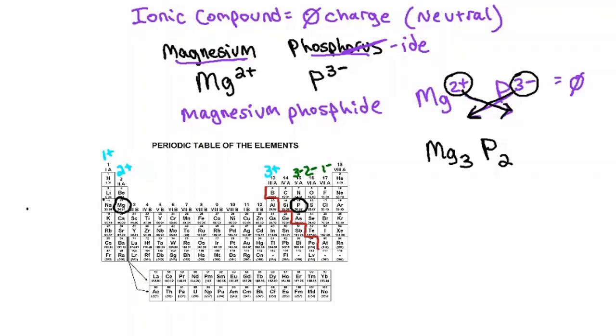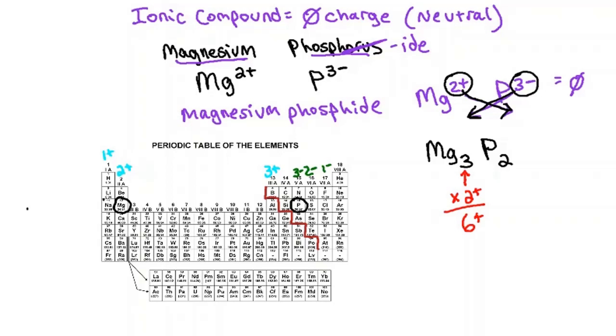So see, if you have 3 atoms of magnesium and each magnesium is a +2, you're going to get a +6 charge total.